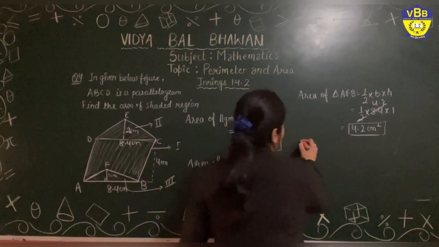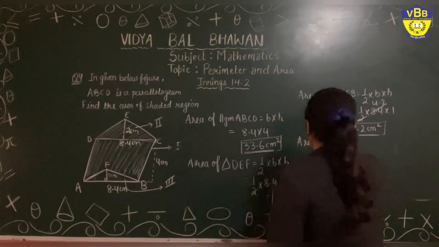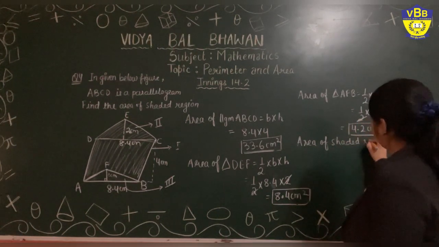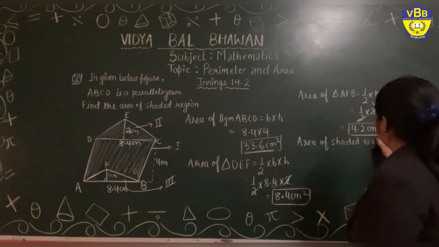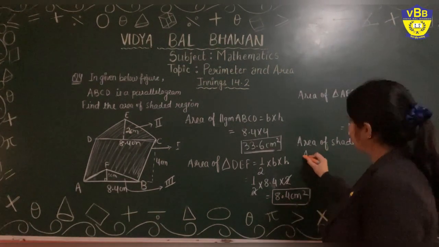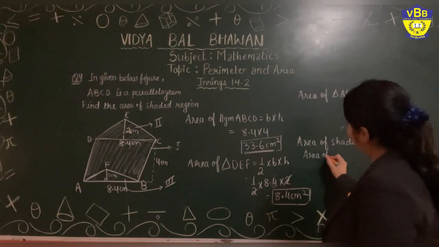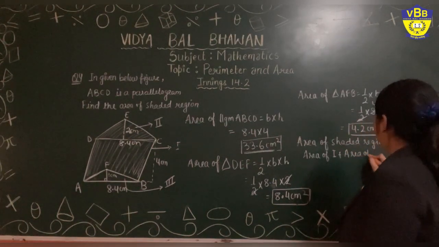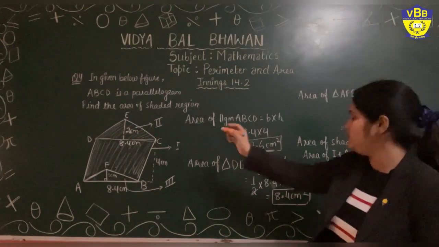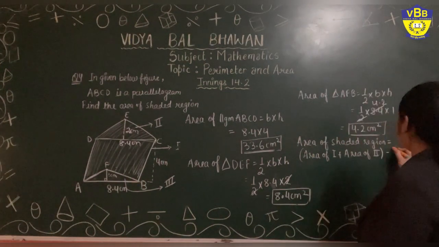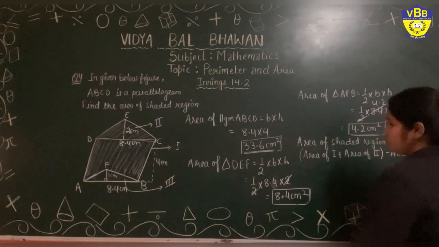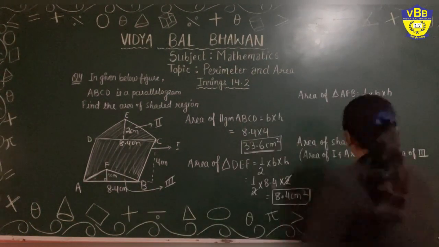So area of shaded region will be equal to area of the first part, that is a parallelogram, plus area of the second part, that is a triangle above the parallelogram, and from the sum I will subtract the area of the third figure, which is this triangle AFB.